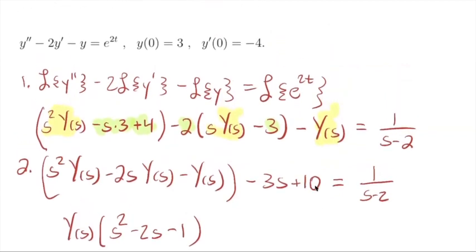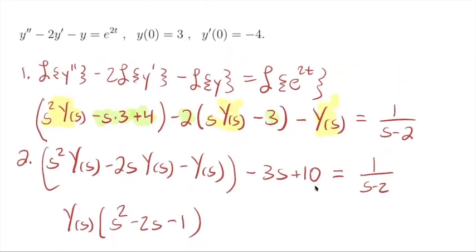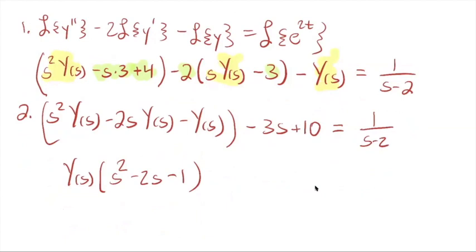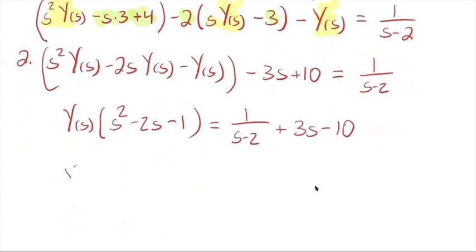Okay, notice we get over here the same characteristic equation we would get if we were trying to solve the homogeneous system. So that would give us that. And then we just divide everything.